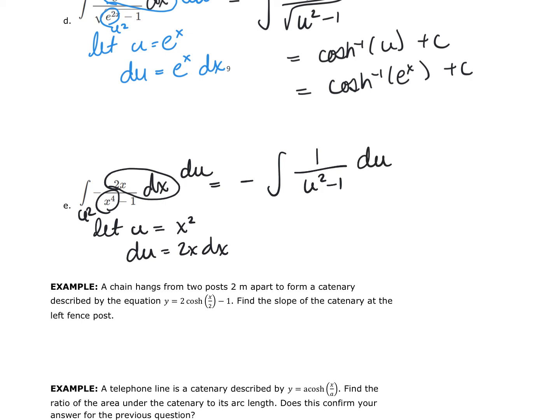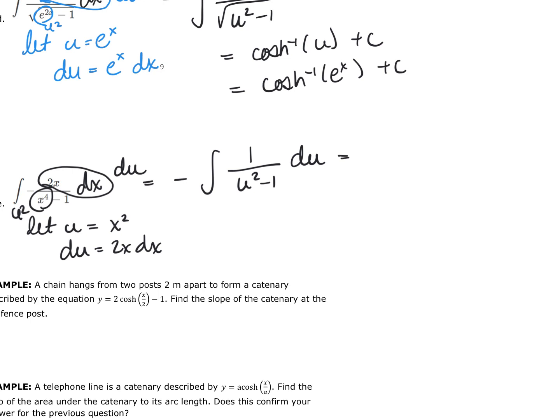So I look for the derivative that matches that, and there isn't one. However, if I pull that negative back in and put it on the denominator, I'm going to have the integration of 1 over 1 minus u squared du. Oh, that's a hyperbolic tangent, depending on what u is.